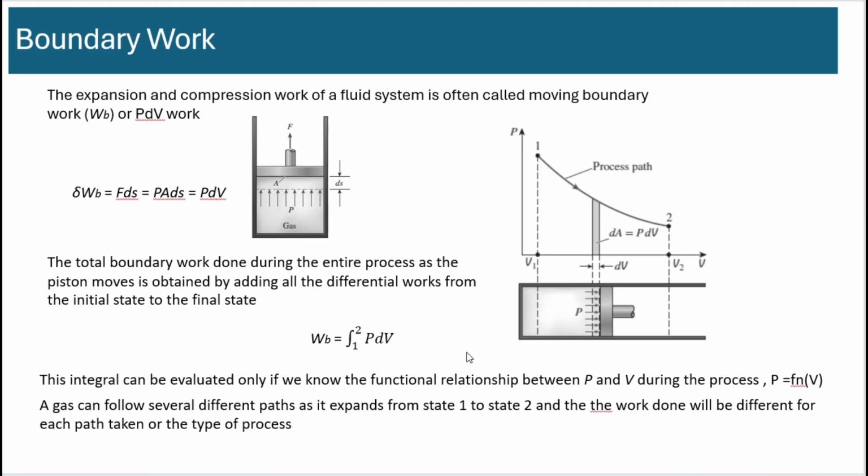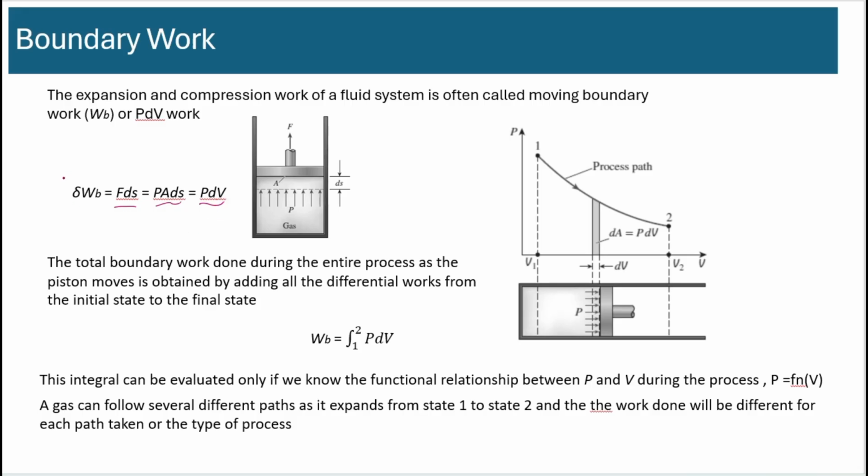All right. Just to show the path dependency of the boundary work, consider this particular example. The piston moving a distance ds, then the work done is the force on the piston times the distance. That force can be converted into pressure times area times ds, and it comes to the PdV form.